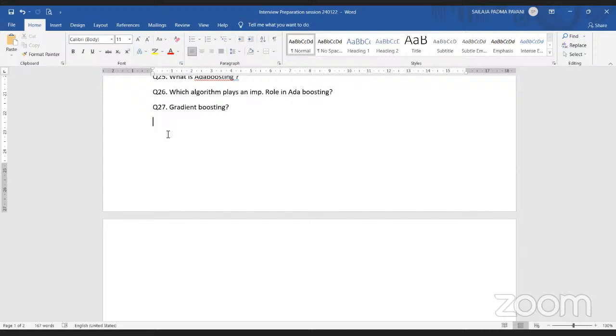That's why it is a very important and very successful algorithm. And here also, maximum we use the decision tree only, right?